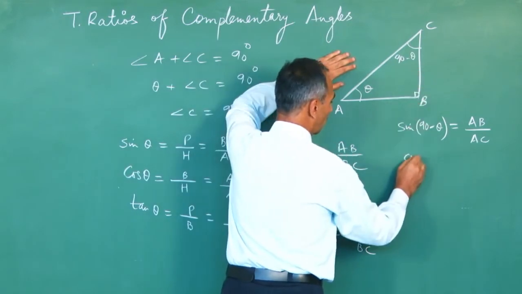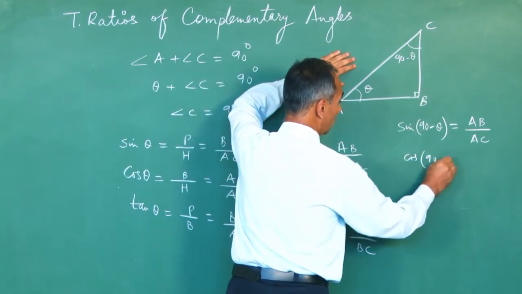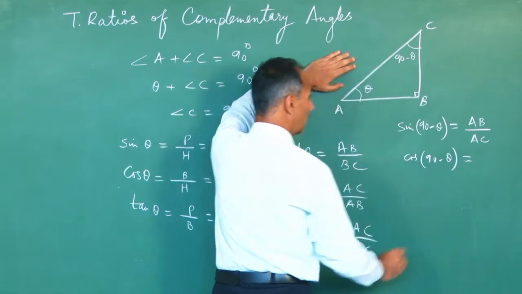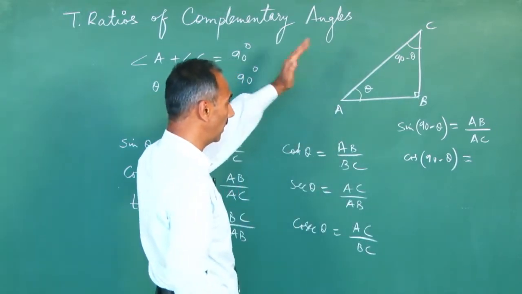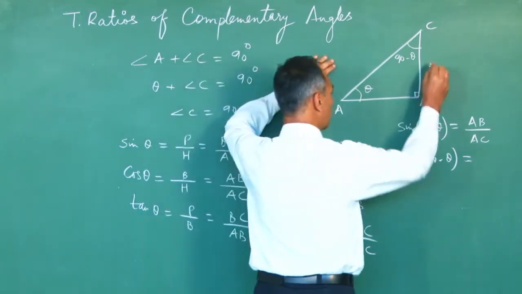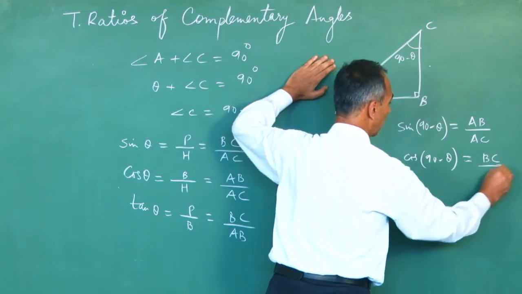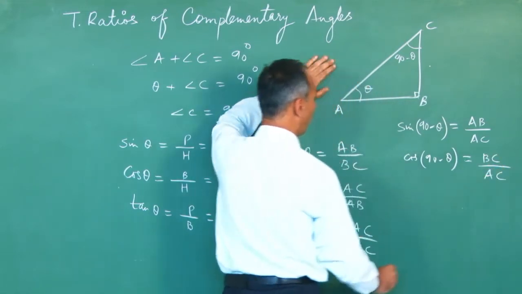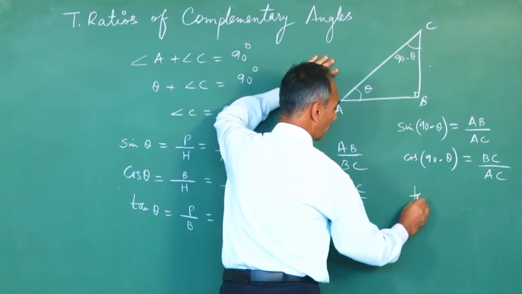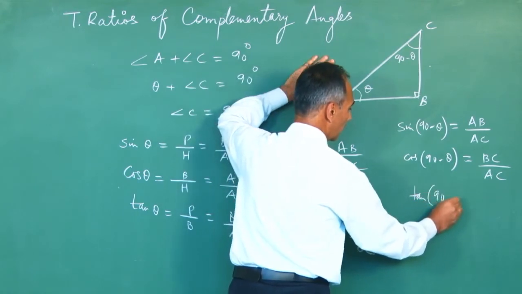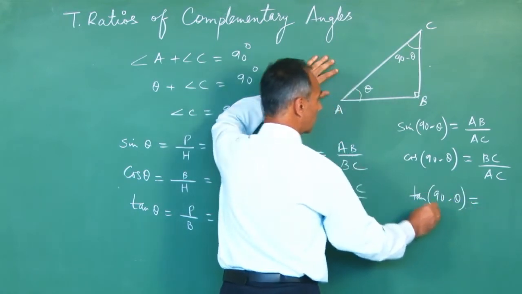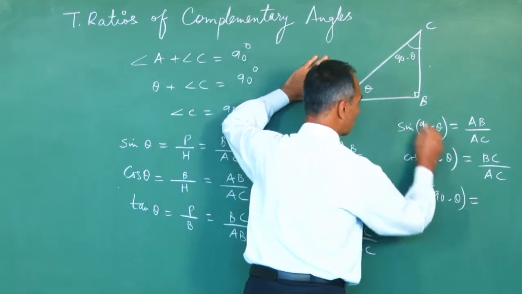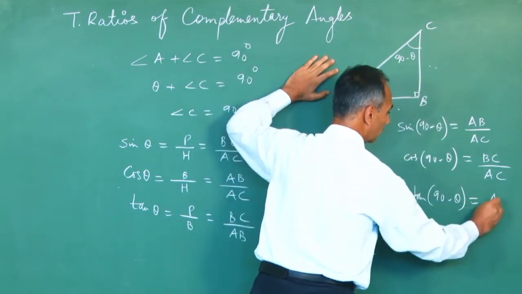What about cos of 90 minus theta? Cos is base by hypotenuse. In that case, base is my BC and hypotenuse is AC. And what about tan of 90 minus theta? That is perpendicular upon base, AB upon BC.